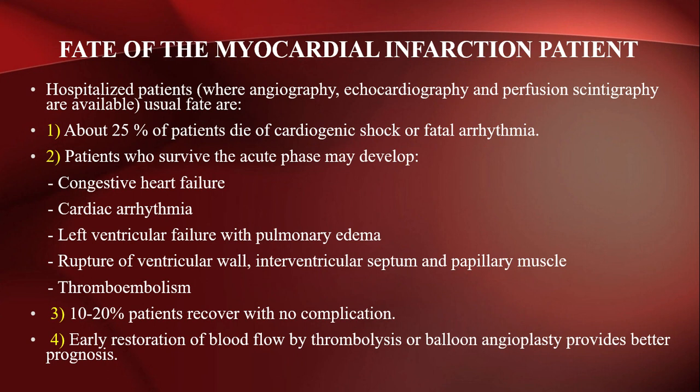Patients who survive the acute phase may develop congestive heart failure, cardiac arrhythmia, left ventricular failure with pulmonary edema, rupture of the ventricular wall, interventricular septum, and papillary muscle, and thromboembolism. 10 to 20% of patients recover with no complications, and early restoration of blood flow by thrombolysis or balloon angioplasty provides a better prognosis.